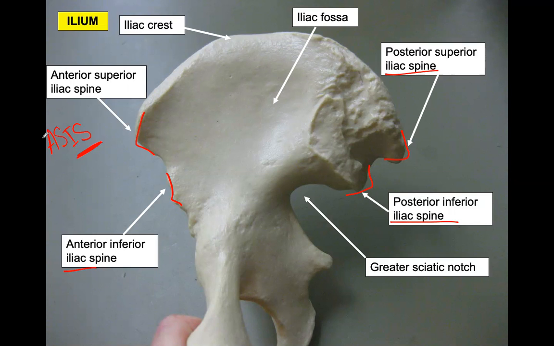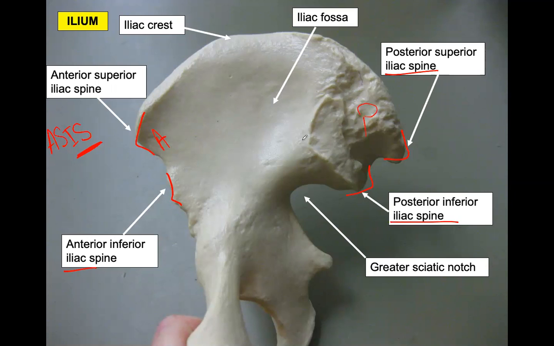So anterior, this is my anterior view, this is my posterior view, right? So anterior, inferior, because it's below, anterior inferior iliac spine. This one would be posterior, right? It's in the back, posterior superior iliac spine, and then posterior, as in back, inferior, because it's below, iliac spine.